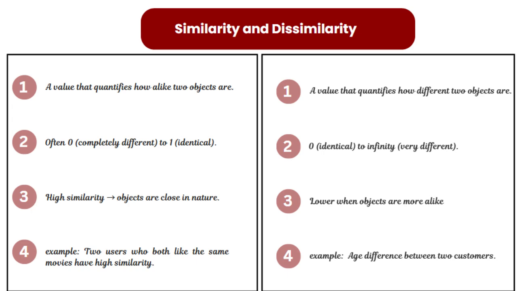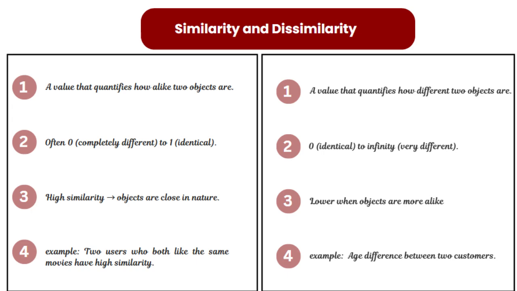When the similarity score is high, the objects are considered very similar or close to the same category. As in this example, two users who both like the same movie have high similarity, which means users with similar tastes and movie preferences are deemed highly similar.